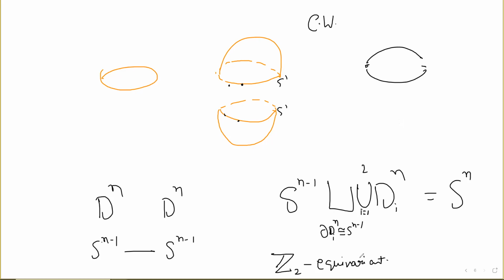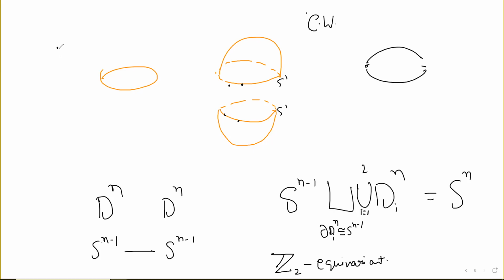And why am I saying this? Because it's a special one. Obviously, you can give Sn other CW complex structures, like the first thing that we discussed, maybe this C is for cells.